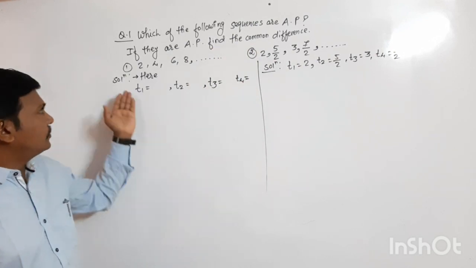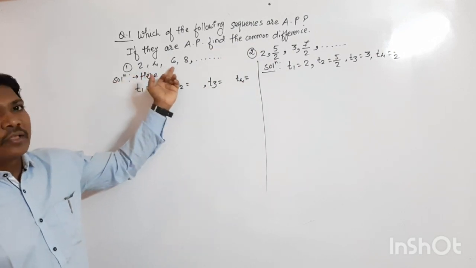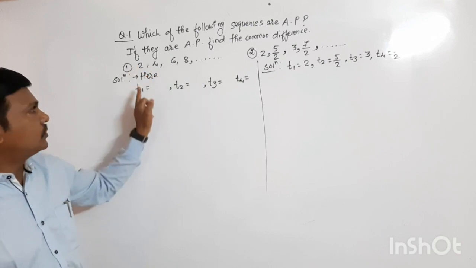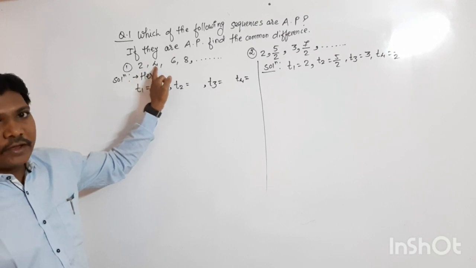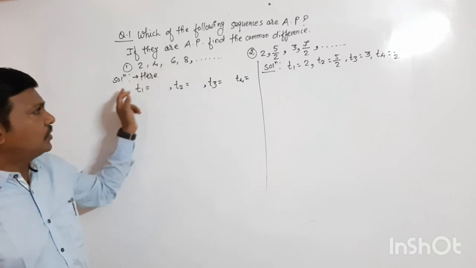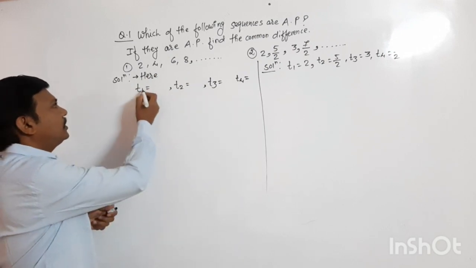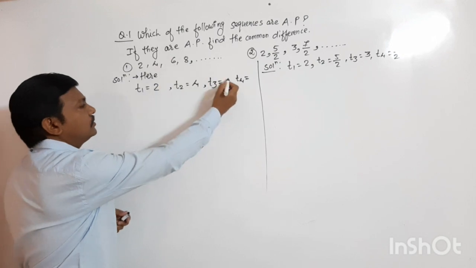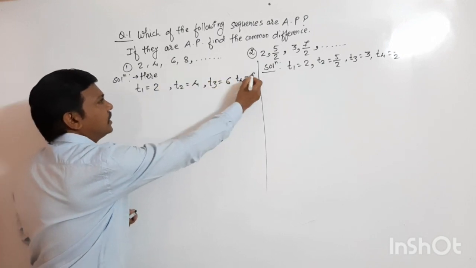So see the first question: 2, 4, 6, 8. This 2 is the first term, that is T1, then T2, T3, T4. So first write the terms. Here T1 is 2, T2 is 4, T3 is 6, and T4 is 8.